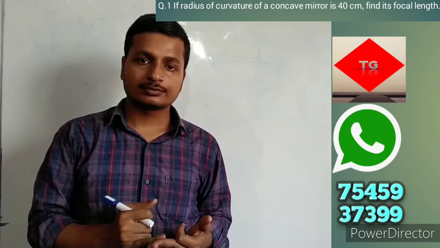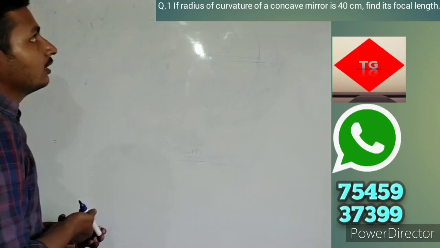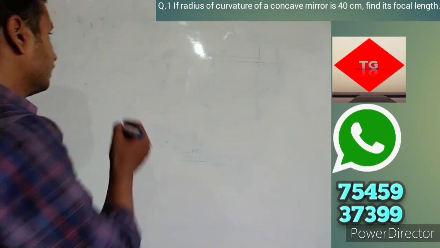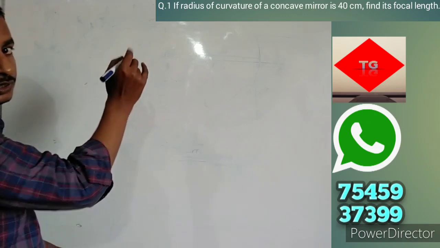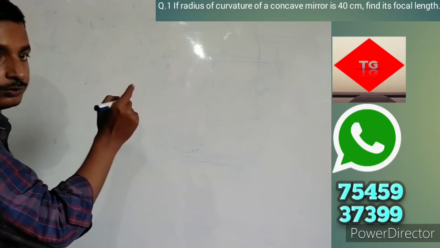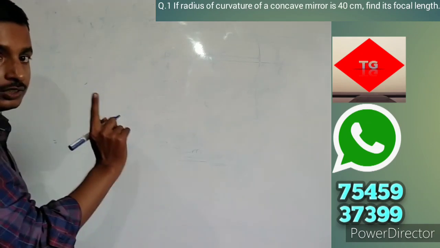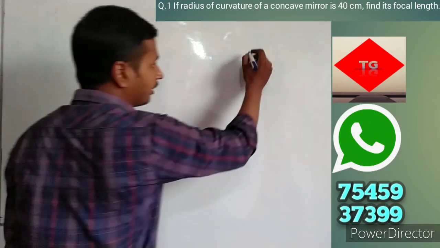And here comes the question. Example number 1. First of all, you have to draw the diagram according to the given question. Here a concave mirror is given.